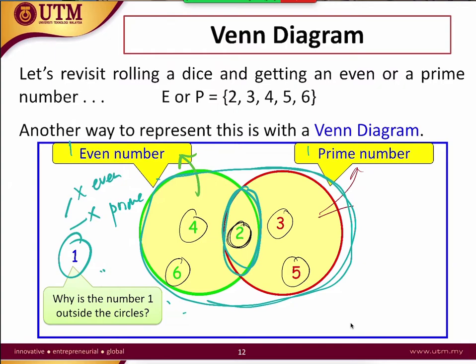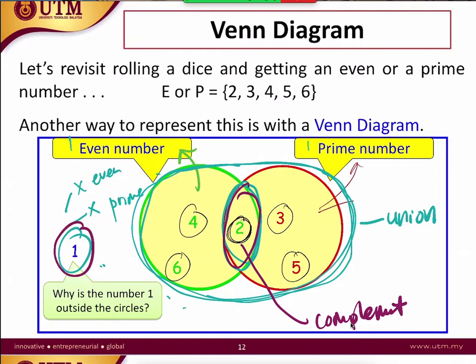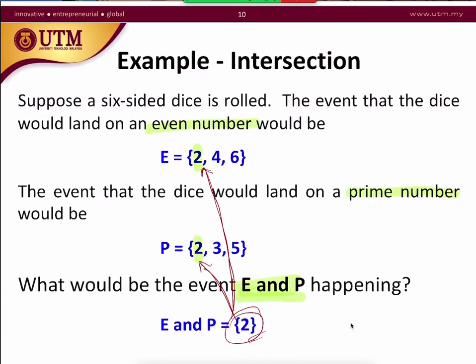Okay, so this is another way you can see the complement, and both diagrams, that is the union. The middle one here is the intersect.